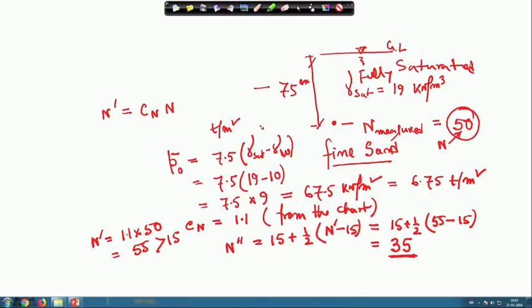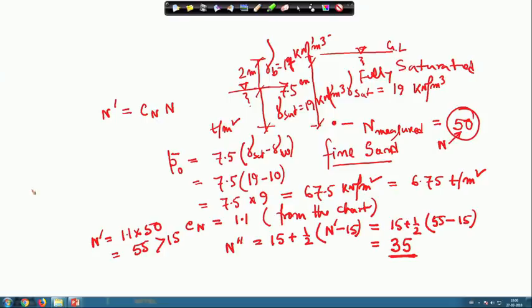Suppose the water table is, say, 2 meter below the ground level. So, if the water table location is here and gamma bulk is slightly less, say 17 kilonewton per meter cube, and gamma sat is 19 kilonewton per meter cube, then your P 0 bar value will change.